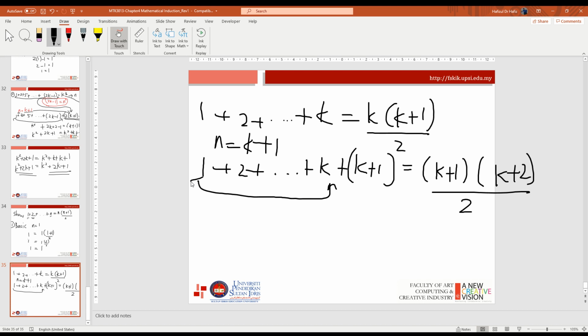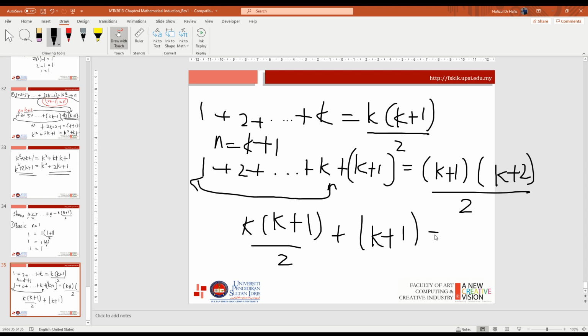Jadi, so K plus 1 divided by 2 plus K plus 1 equivalent to K plus 1 K plus 2 divided by 2. Boleh ke?